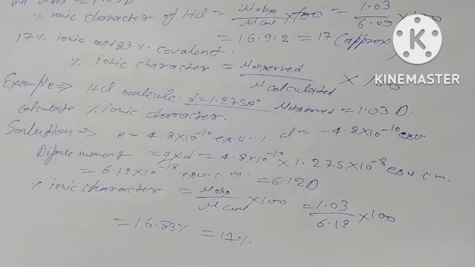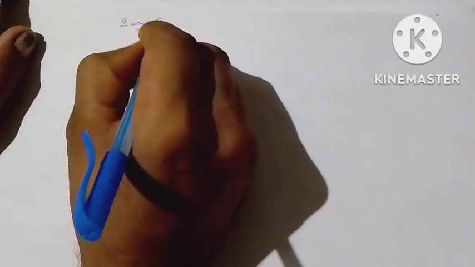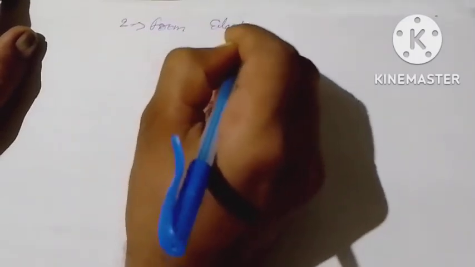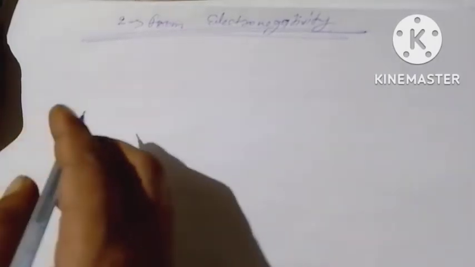Second is from electronegativity. Pauling proposed a rule which predicts the nature of the AB bond in AB molecules with the help of the electronegativity values of A and B atoms.